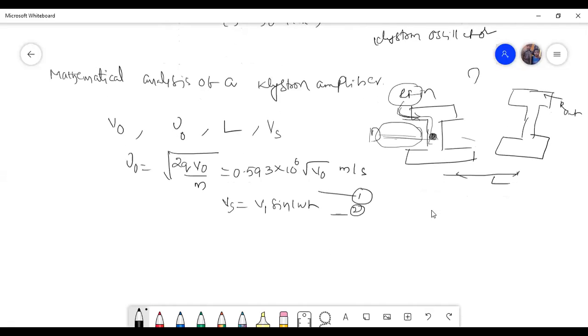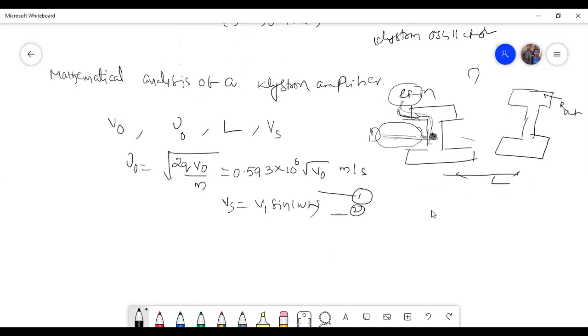Remember one thing, you have to draw this diagram also, but I don't want to mention it because I have already given it to you. So two equations: one is the velocity of the free electron. Look at the order also. First, before the bunching, electrons travel up to this point with uniform velocity. Now the RF signal: I assume the RF signal Vs is equal to V1 sin omega t. That is equation number 2.